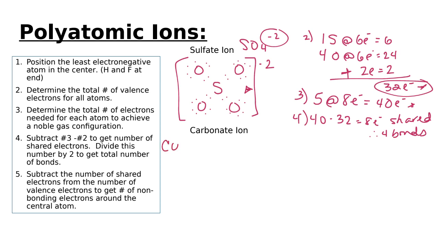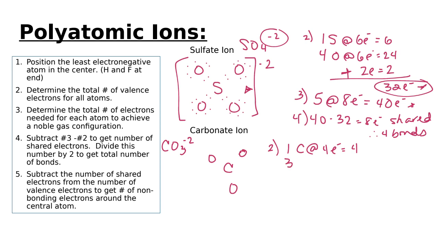Let's try it again with carbonate. So carbonate has a formula of CO3 with a charge of -2. Step 1 says put the least electronegative atom in the middle. So I'm going to put carbon in the middle, and I'm going to scatter those oxygens around. Step 2 says determine the total number of valence electrons. So I have 1 carbon that has 4 valence electrons, so a total of 4.